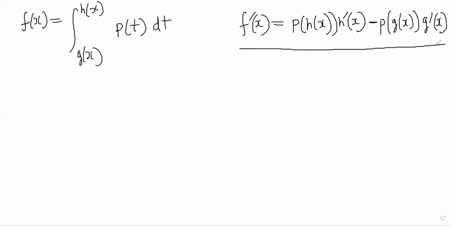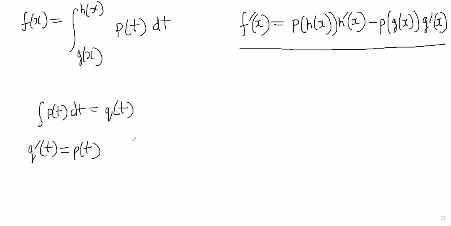How did we get this? We said let's assume the integral of p t dt was q t. That means q dash t was equal to p t, right? And since now you have limits here, your f of x is actually q of h of x minus q of g of x, right?